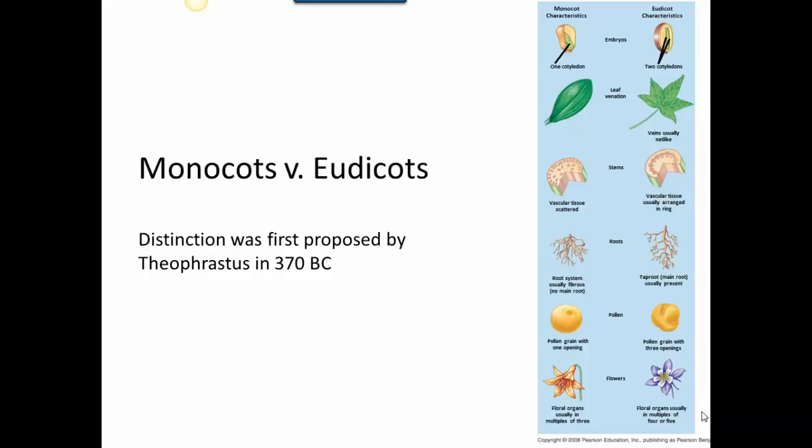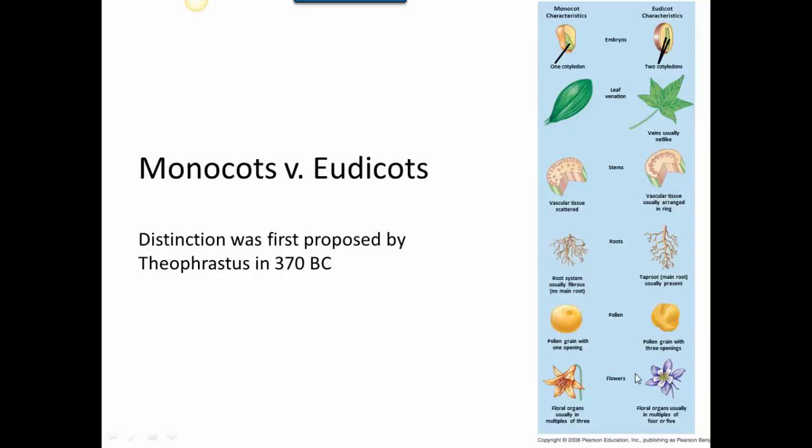And also I want to talk a little bit about the term dicots. Your book used the term dicots almost interchangeably with eudicots. Eudicots is a better term to describe a group of angiosperms that have all of these characteristics.